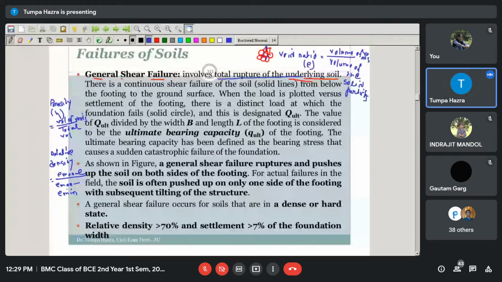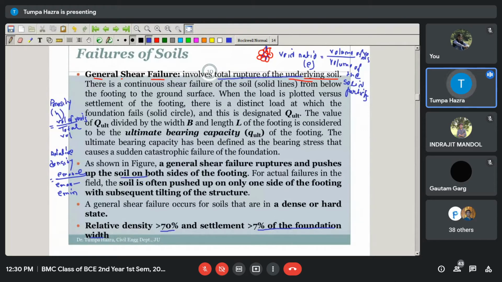So this is the relative density of the soil. Now whenever the relative density is greater than 70% and the settlement of the soil is greater than 7% of the foundation width, then what happens?